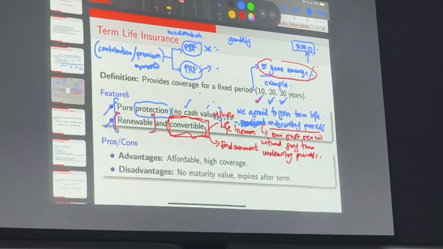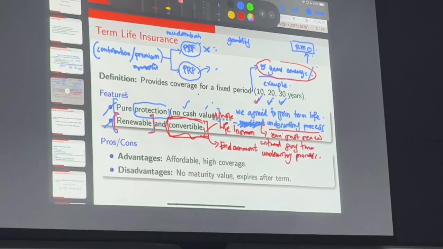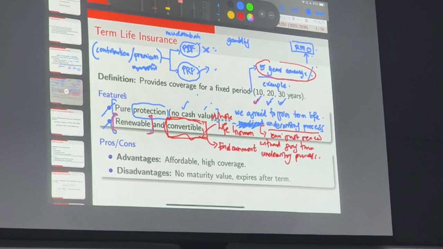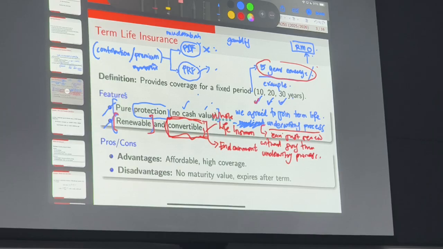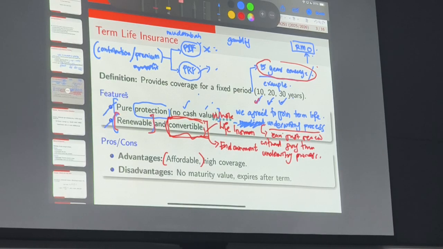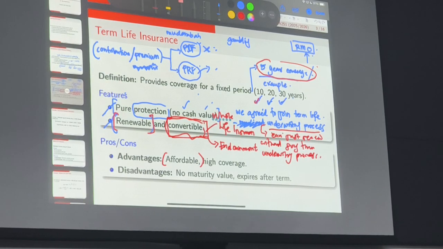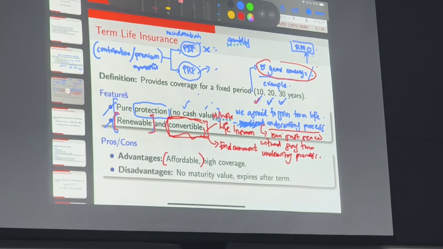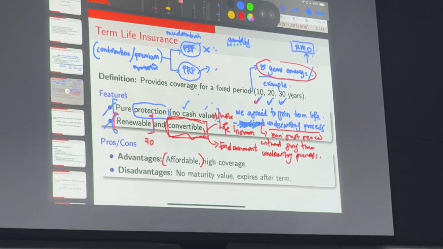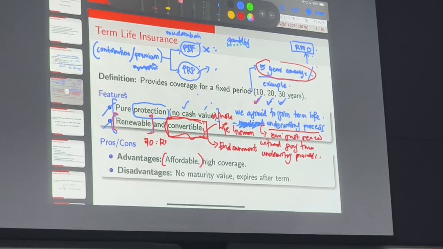Okay, next, pros and cons dia. Advantages, it is affordable. Dia sangat murah. Like my dad, dia ambil term insurance up until age of 70. Dia just bayar RM50 sahaja sebulan.